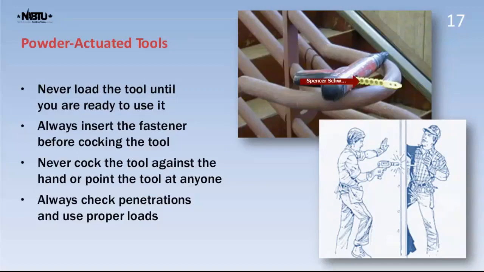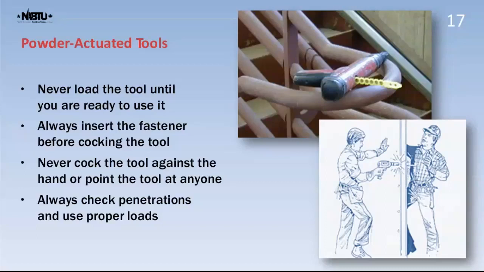When this goes off, it shoots a fastener out of the end into whatever the substrate is, whatever the surface is. If it can shoot a fastener into concrete, it can shoot a fastener into steel, it can shoot a fastener into wood. But you want to make sure that you're shooting it into something that is not going to let that fastener go right through it.